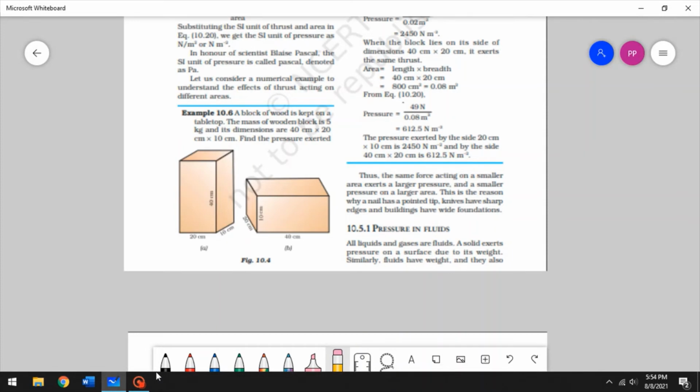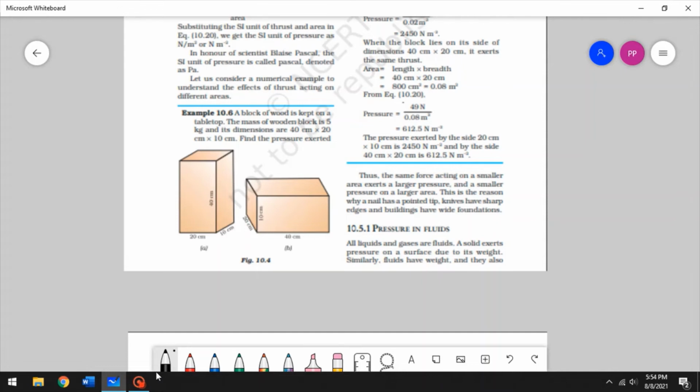Alright, so now that we talked about pressure and thrust, I want you to go over this numerical, see if you can solve it by yourself. If you cannot solve it by yourself, go back, rewind, and start watching from the beginning of the concept, thrust and pressure. Start watching from there, take your own notes, make sure you understand, come back and solve it, and then go through the solution.